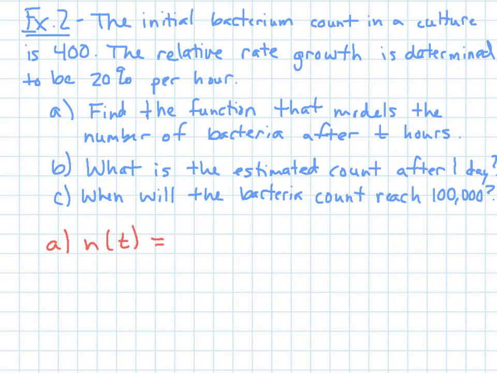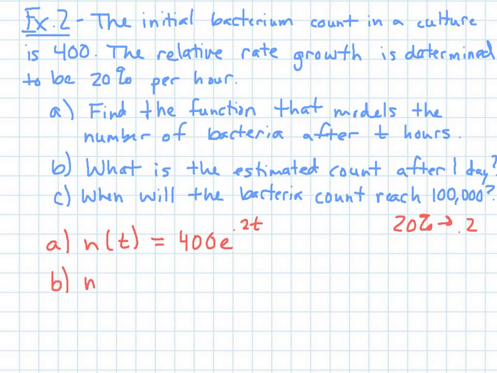My initial count of that culture is 400 times e. Because I said 20%, remember I have to convert that to a decimal, so that's 0.2, and then that times t, which is time. So there's my equation. Letter B wants to know how many there will be after a day.